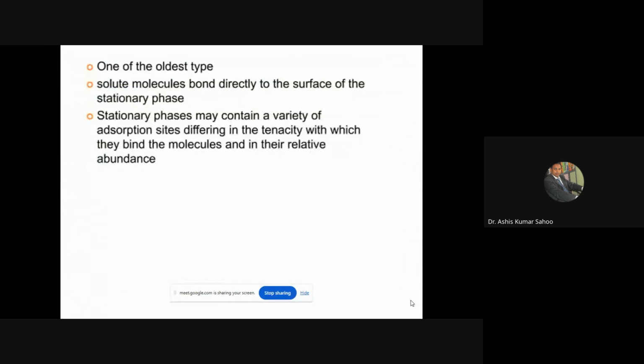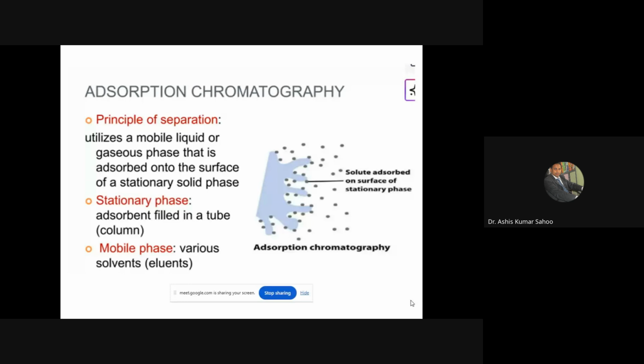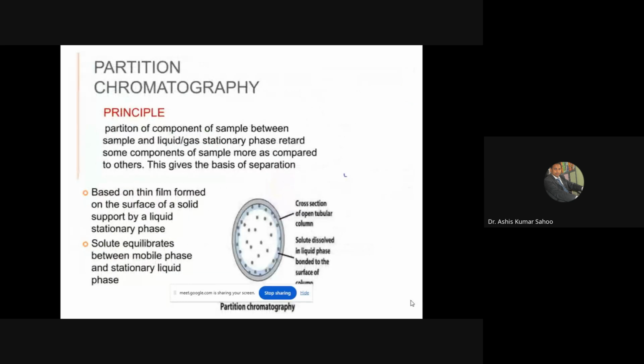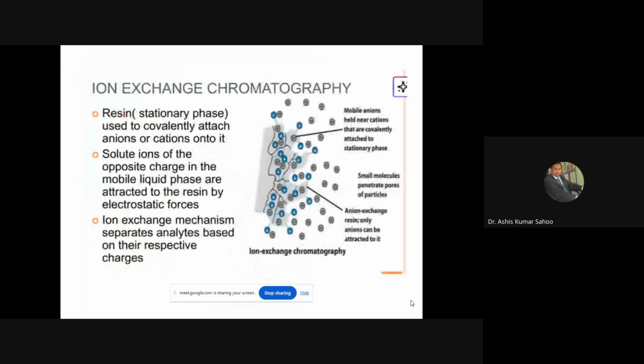So first we have seen adsorption chromatography and second is partition chromatography, based on the thin film formed on the surface of a solid support by a liquid stationary phase, with solute equilibrium between the mobile and stationary phases. Then ion exchange chromatography, for which we will see a separate section.